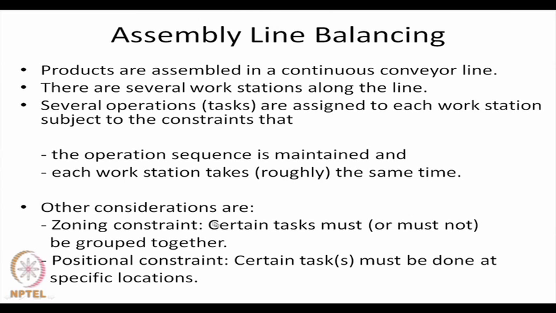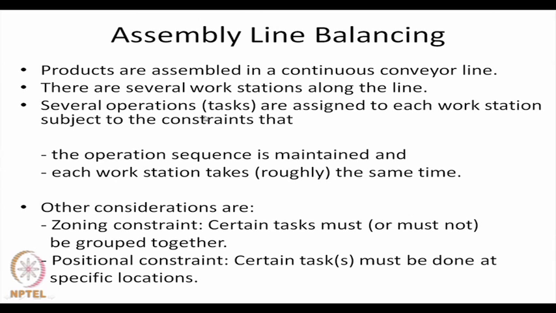There can be other considerations, but principally these two considerations are important, that the operation sequence must be maintained and the workstations must be balanced, meaning that roughly they should take the same time, and that each workstation can or should handle one or more than one tasks or operations.